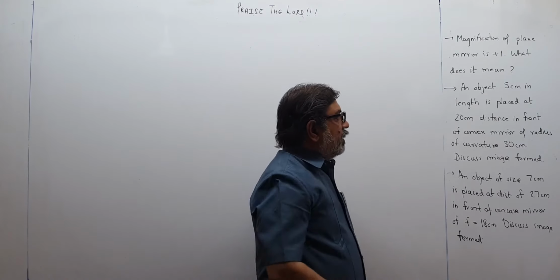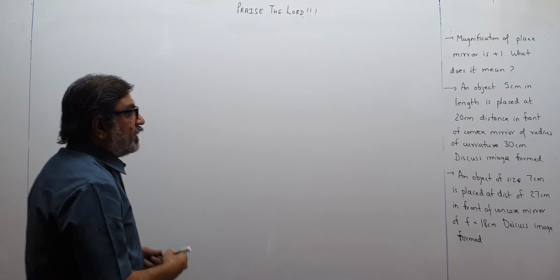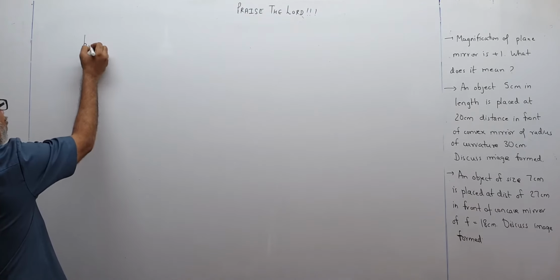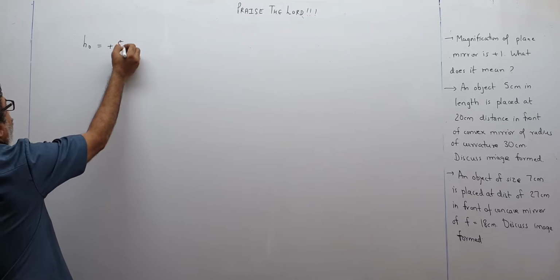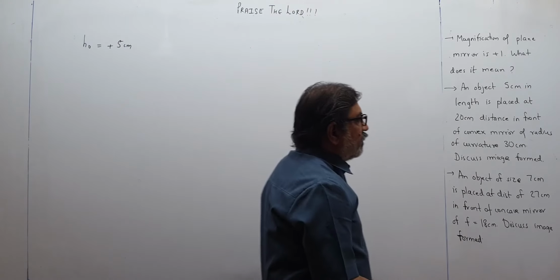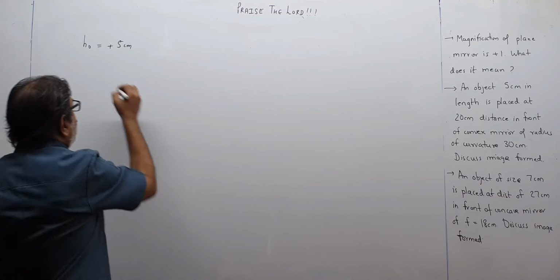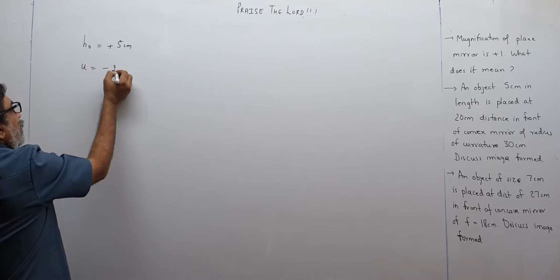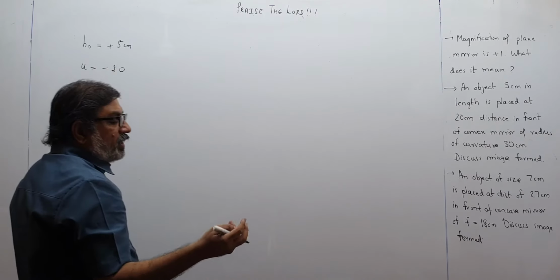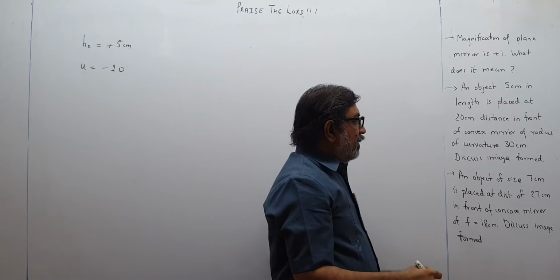The next one: an object 5 cm in length, that means size of object is 5 cm. Object size is always positive, so I write +5. At 20 cm in front of a convex mirror, so u will be -20. Whether it is a convex or concave mirror, the object is always in front of the mirror, therefore u will always be negative.